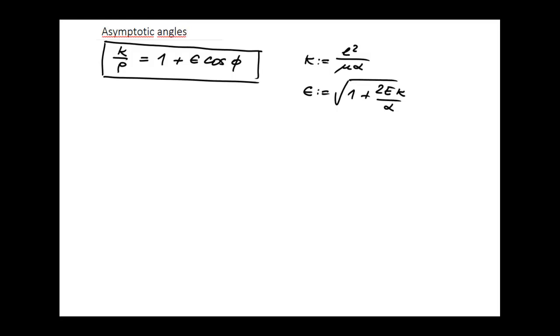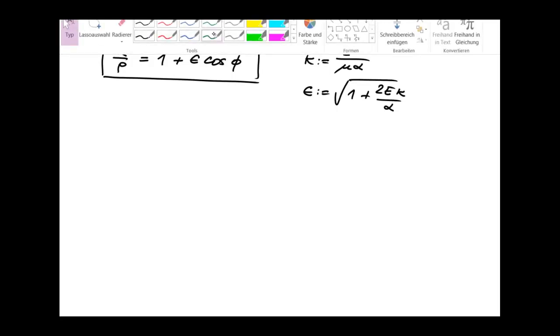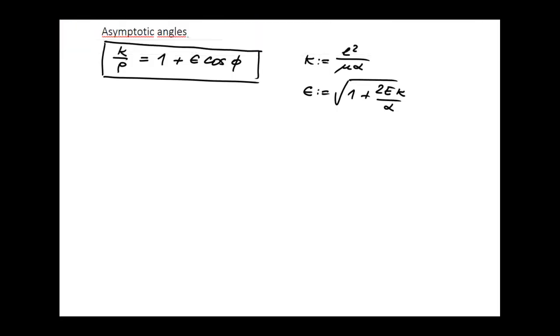And as I had said, we would like to pick here the repulsive case. In that case, alpha is negative, and therefore also kappa is negative. So this is for the repulsive case.